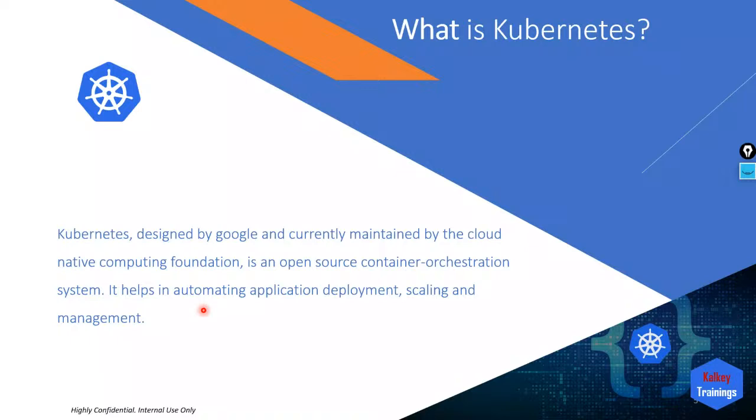Open source is given to the community. That means a group of developers, a group of administrators, a group of IT specialists will work on this. So there is a software tool available in the market, but you do not pay for it. Why? Because you are contributing to it.